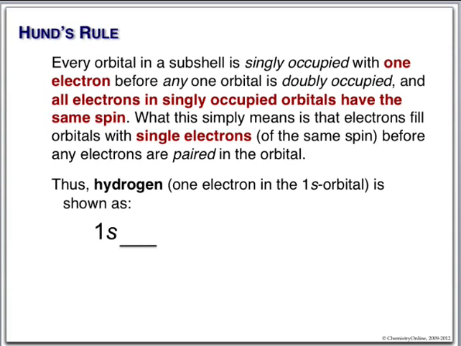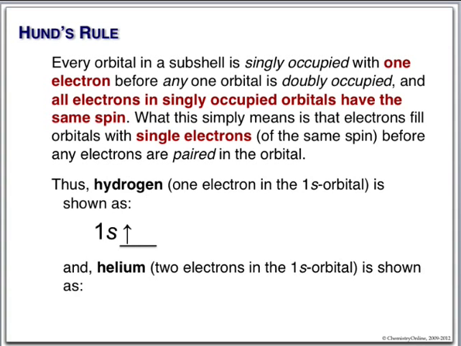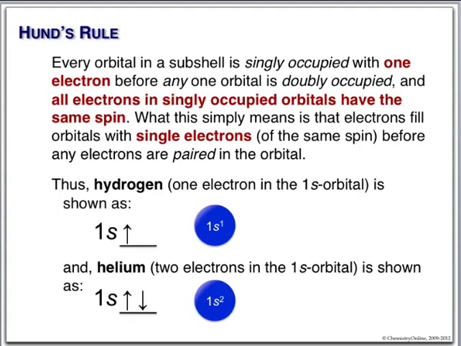This is our 1s, and we're going to put 1 electron in, and we're going to point it up. Helium is the other element in our first period. So again, we're dealing with the 1s. 1 comes in up, and 1 comes in down. Use this abbreviation, 1s1, 1s2. Makes it easier than drawing little arrows and stuff like that.